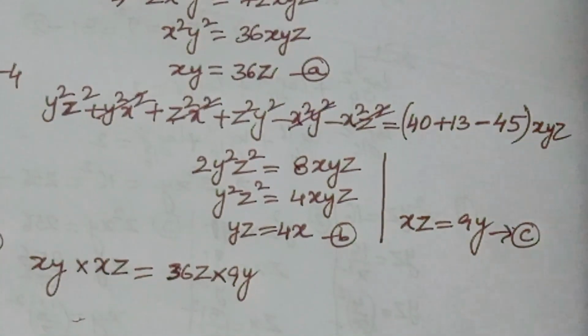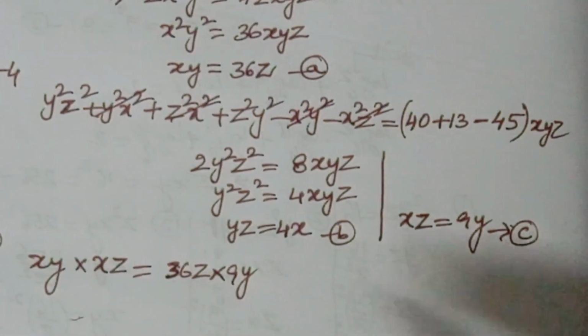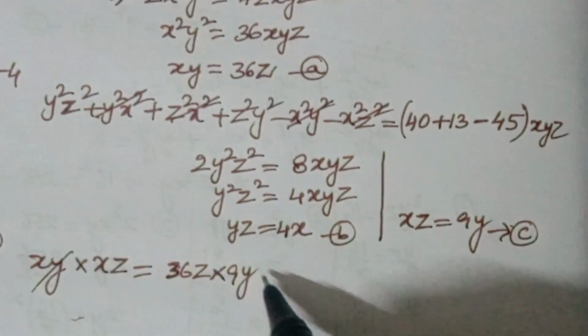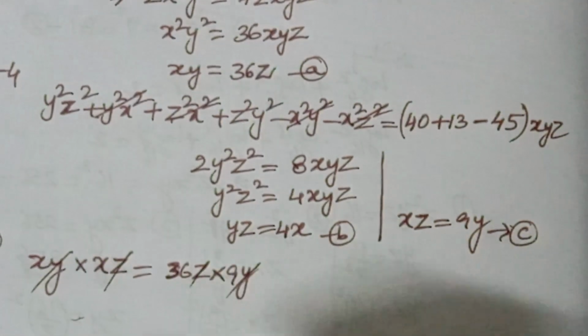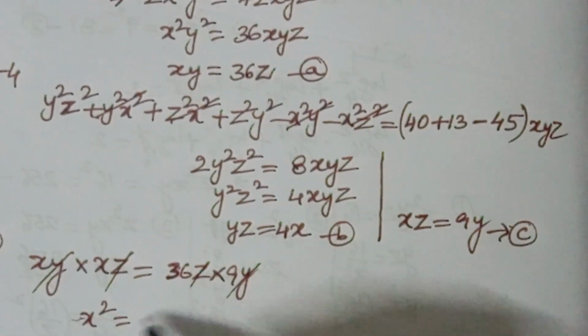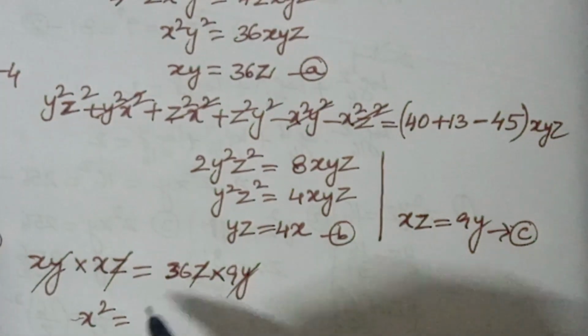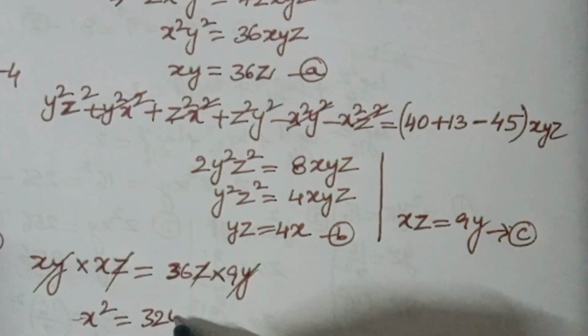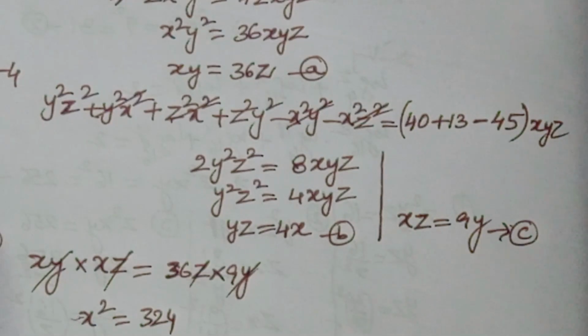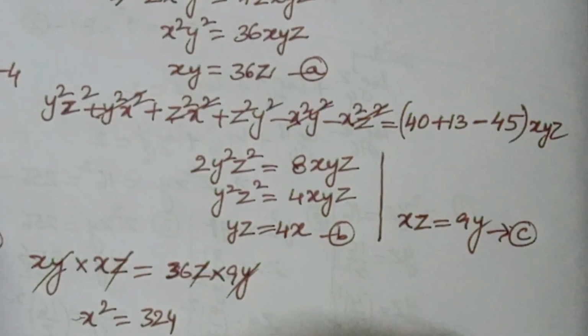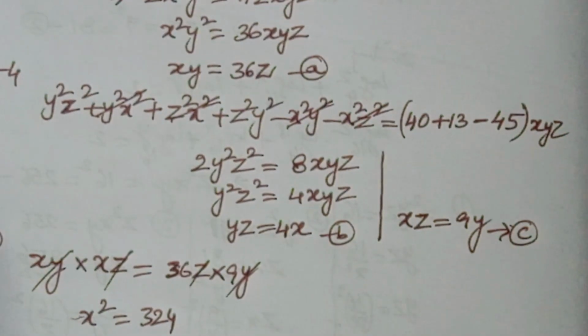Here y gets cancelled, z gets cancelled, x square is equal to 324. So x is equal to plus or minus 18.